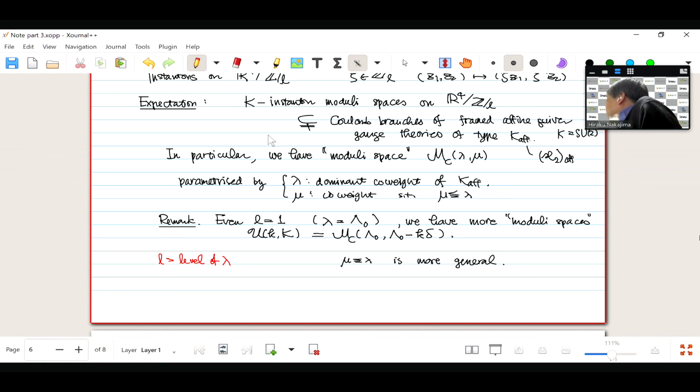But for truncation, that is slightly different. You also need to know the size of the quantization. And in order to know the size of the quantization, we use that the ordinary Coulomb branch, this commutative ring, has a certain size. And for the affine case, such a statement is known only in type A. And even in type A, I don't think we can prove that this is a truncation.